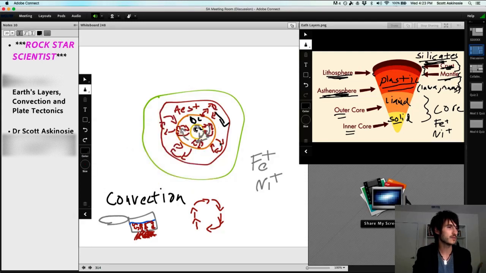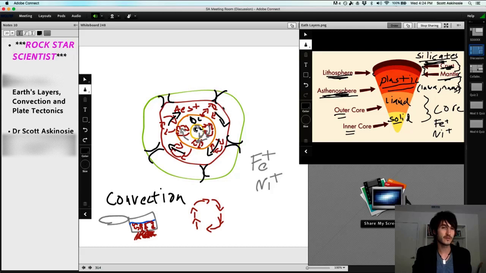So why do we care about that? What does that do? Well, the plates of Earth, so when we talk about plate tectonics, the tectonic plates, which are made up of the crust and the lithosphere, these huge land masses and the land that exists underneath the ocean, these plates are all floating on the asthenosphere. They're all floating on that river of magma.